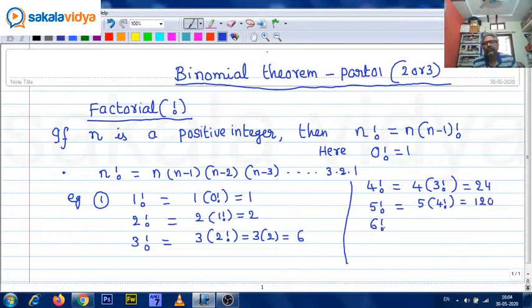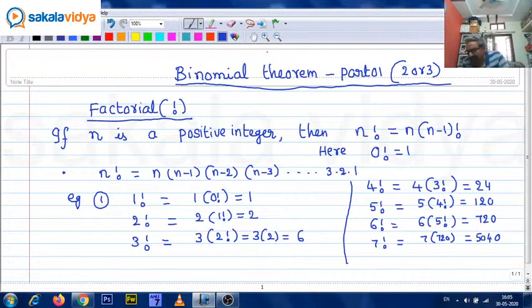What is 6 factorial? 6 into 5 factorial. That will be 720. Understood now? What is 7 factorial? 7 times 720. How much will you get? 5040. Like that, 8 factorial and 9 factorial also we can find out in a very simple manner. So remember this definition, the n factorial definition.